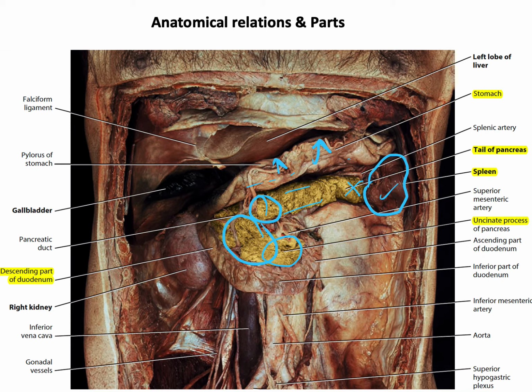And look at the concavity of the duodenum. This is the concavity of the four parts of the duodenum: first, second, third, and fourth part. So this is again the location of the pancreas. Of course, it was covered by peritoneum, so we removed the peritoneum to show you the pancreas.